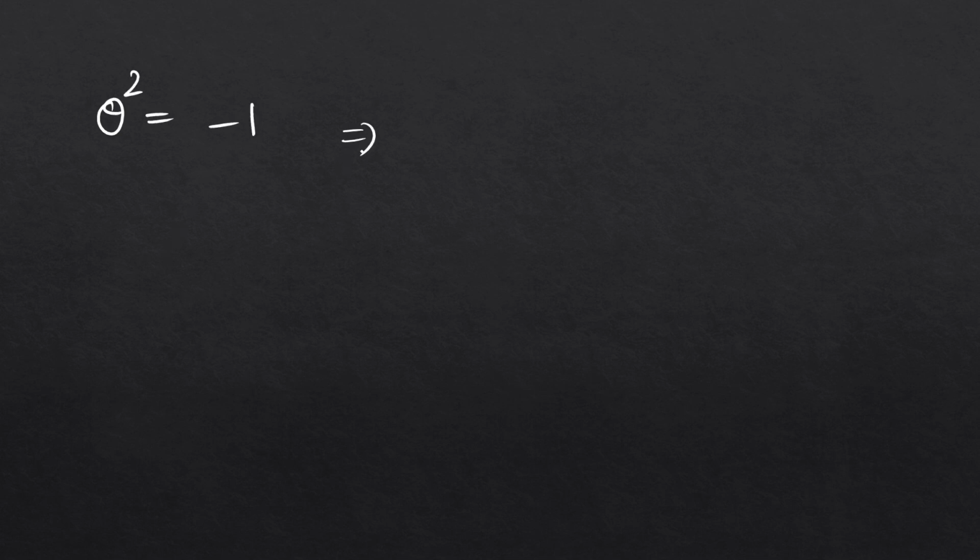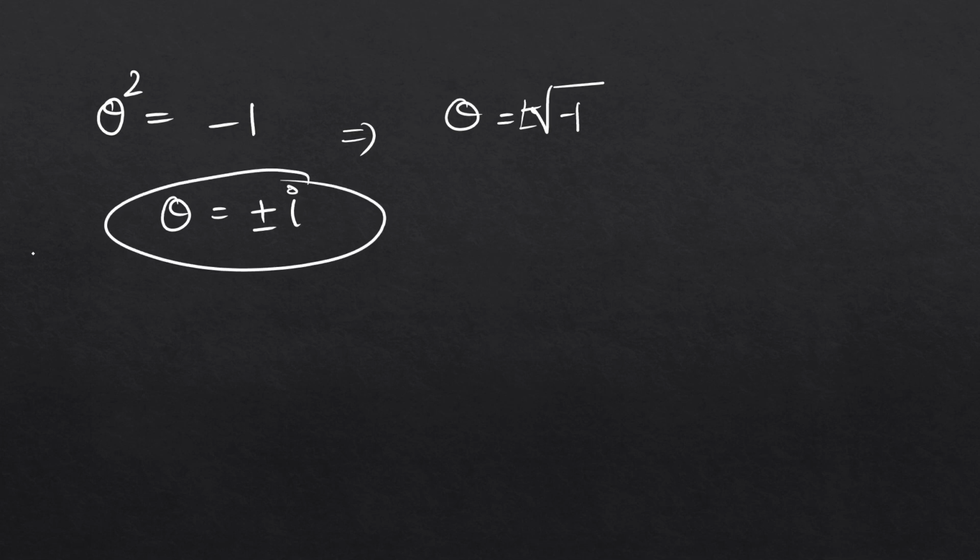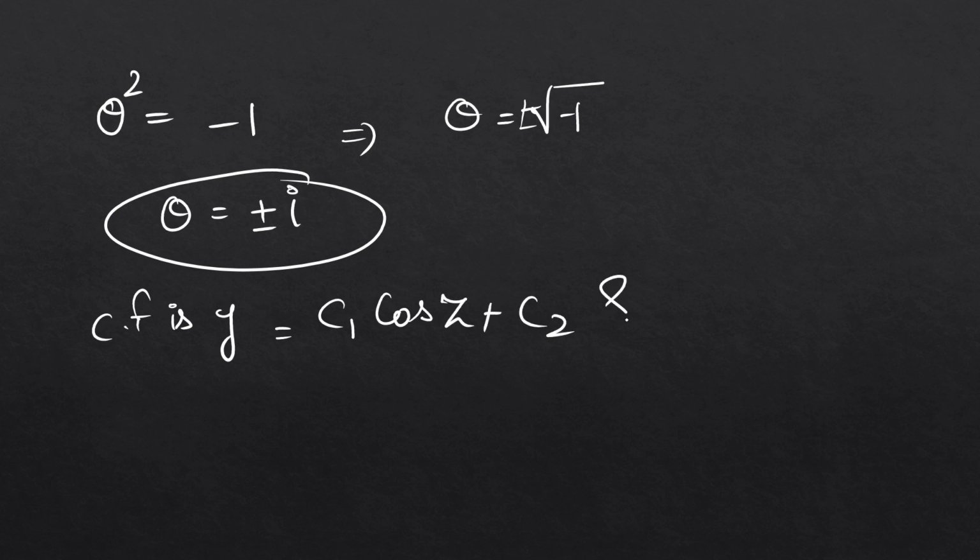It means that theta equals root of minus 1, that is theta equals plus or minus i. So the complementary function of y is c1 cos z plus c2 sin z. This is the value of the complementary function.